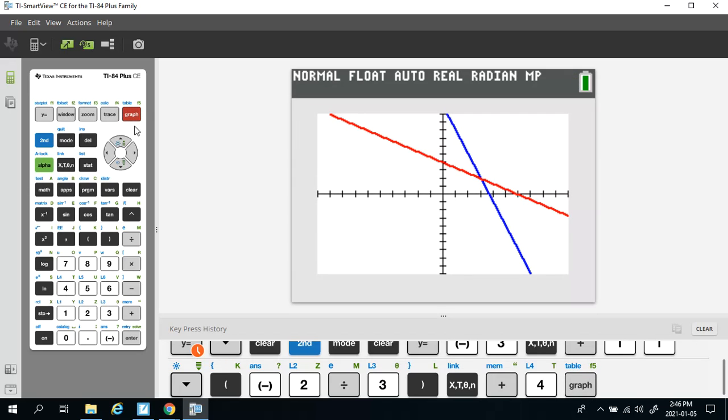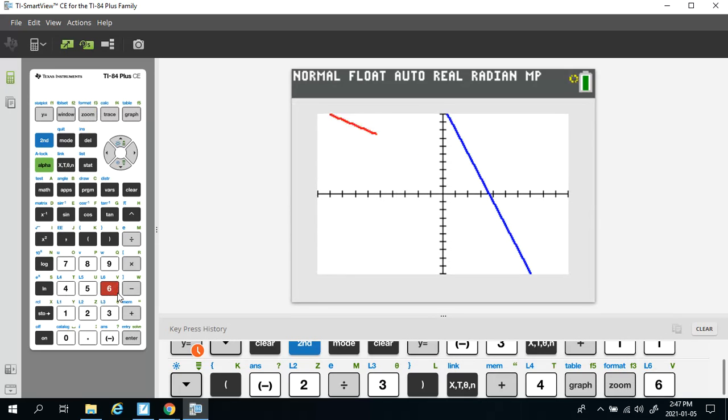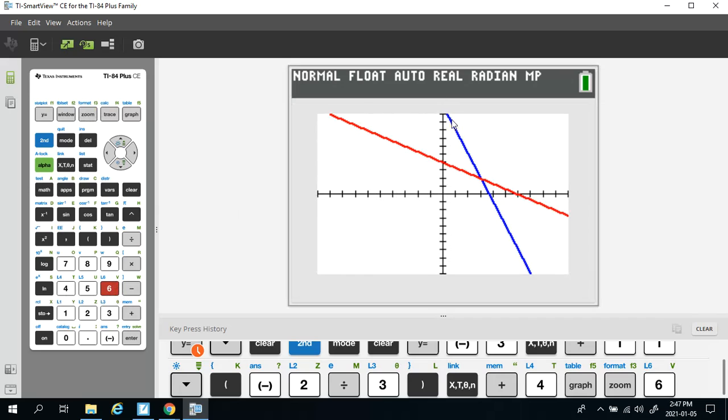Okay, so generally what you want to do for your window settings is be able to see the x and y intercept of both graphs. Now, the graph in red, I can see the x and y intercept, no problem, but the graph in blue, I cannot. This would be under Zoom standard, by the way. This is the graph that we're starting off with, the Zoom standard. So all I need to do is tweak the y maximum to include a few more of these little grid lines.